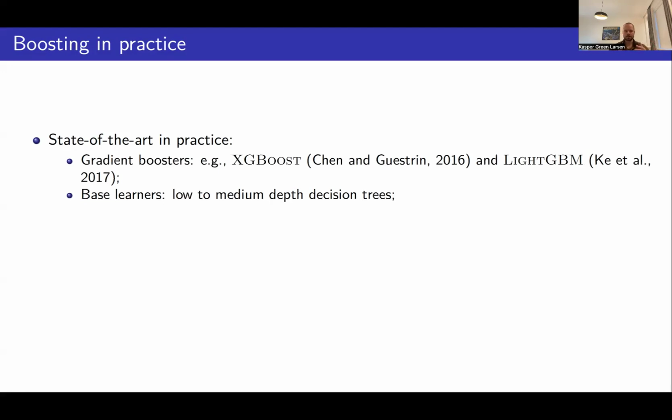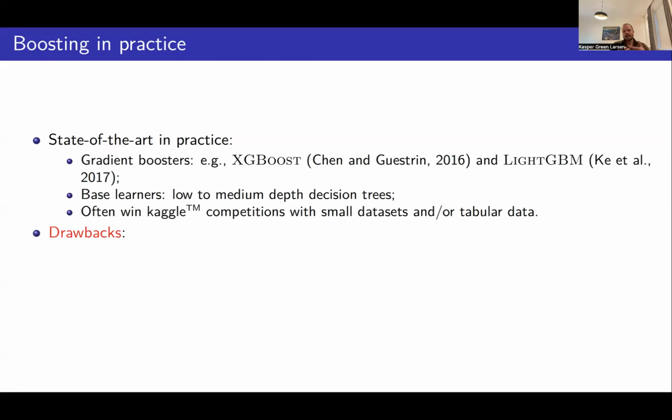Here, the learning algorithm, the so-called weak learner, the algorithm that we're running at the bottom of things, the one that we're using in every round of boosting, is typically something like a low to medium depth decision tree or regression tree. And these boosting algorithms are often part of the winning solutions in competitions, in particular when it's small data sets or tabular data, even very big data sets that are tabular. This is often a very important ingredient in the best performing solutions.